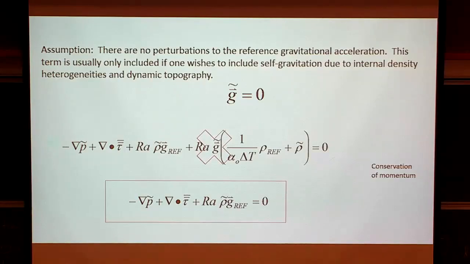Dense slabs are perturbing the gravitational field. Hot plumes are perturbing the gravitational field. What really perturbs the gravitational field is when that convection changes the boundaries. So if you're causing dynamic topography on the top, that's a pretty big perturbation to the gravity field. Same thing if you perturb the core mantle boundary.